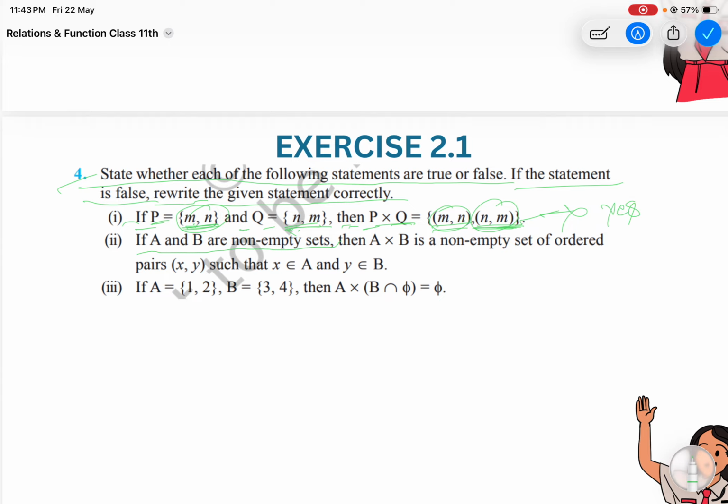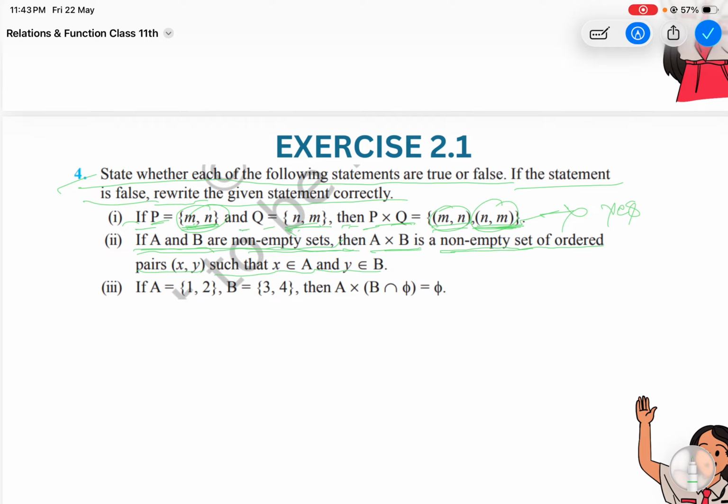If A and B are non-empty sets, meaning there is some element, then A into B is a non-empty set of ordered pairs (x, y) such that x belongs to A and y belongs to B. Again, A and B are non-empty sets, right?